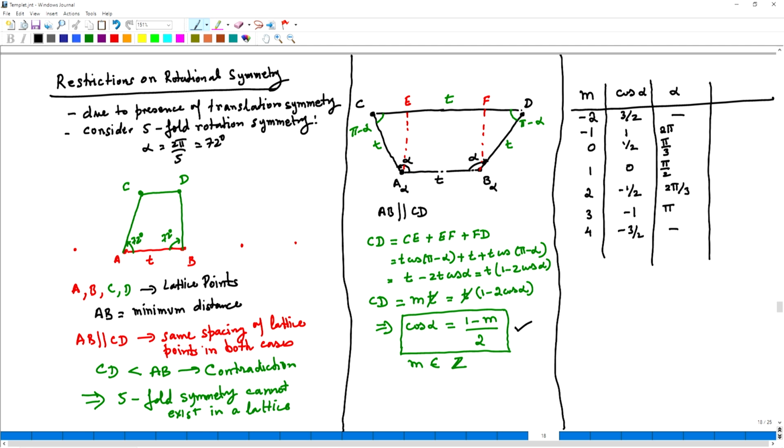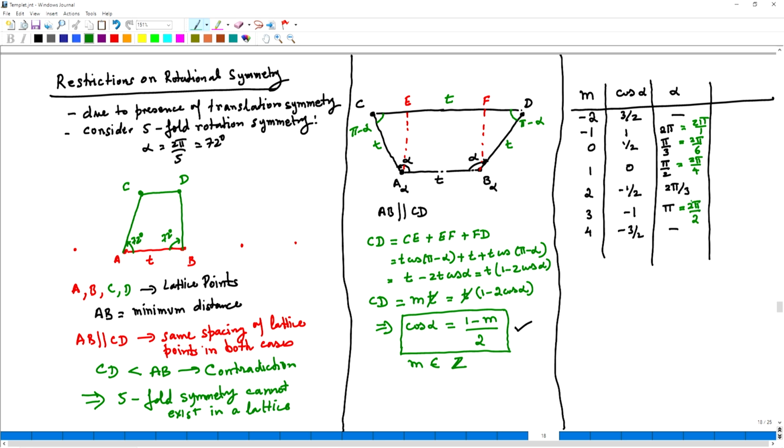So, let us look at what this alpha is going to tell me. Well, this 2 pi, for instance, I can write as 2 pi upon 1, pi upon 3, I can write as 2 pi upon 6, pi upon 2, I can write as 2 pi upon 4, and this is already written in that form, 2 pi upon 3, and this I can write as 2 pi upon 2.